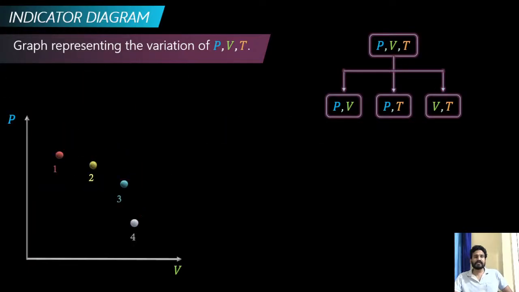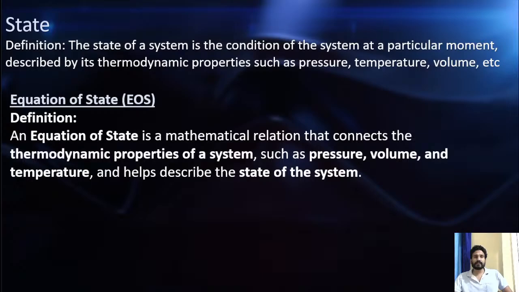As we discussed in the last class about the state, the state is nothing but a momentary condition of a system. So basically we define the state of the system by defining the pressure, temperature, volume, or any thermodynamic property.